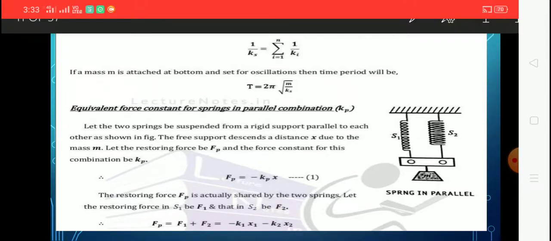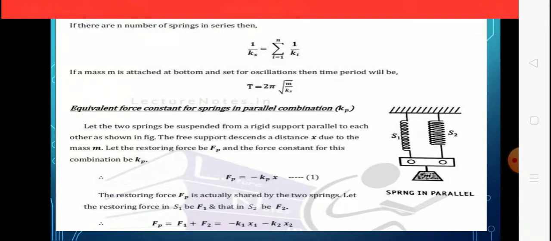Similarly, we have to discuss the parallel combination of the springs. Let us consider two springs S1 and S2 suspended from a rigid support parallel to each other. Their free ends support the mass.